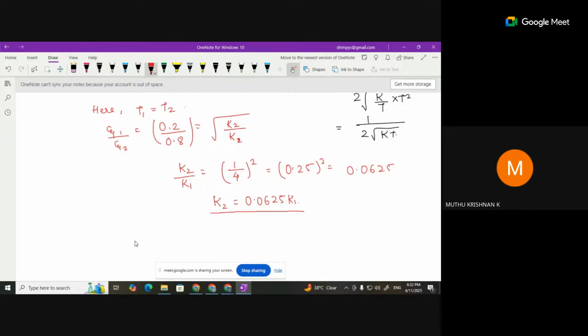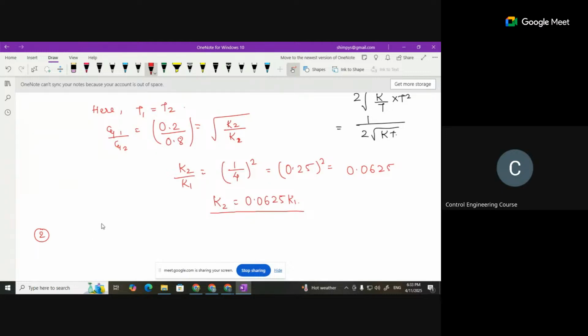Yes, ma'am. So we go to the next part. In the second part, your damping ratio is reduced from 0.6 to 0.3, right?